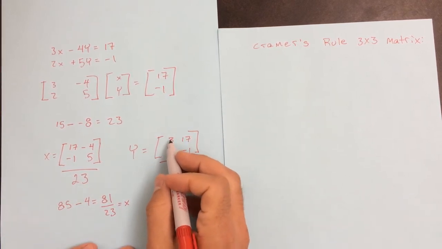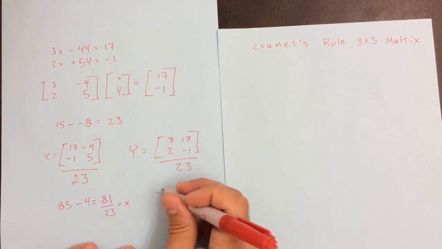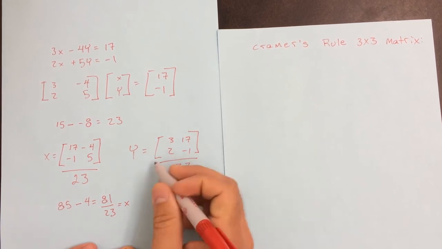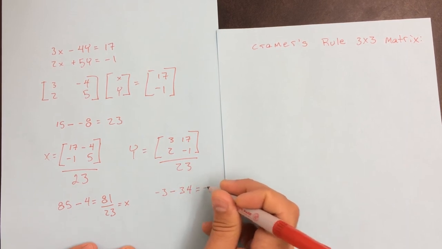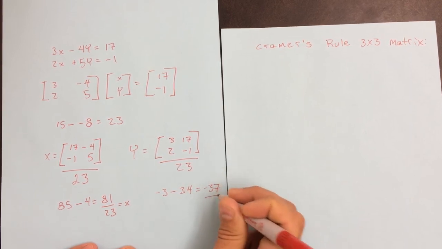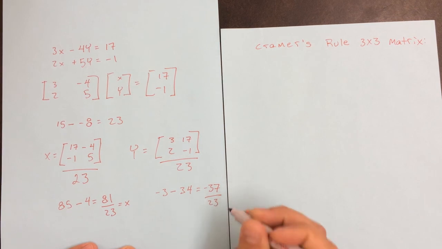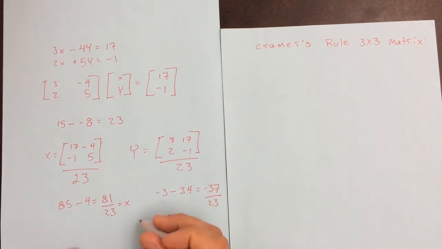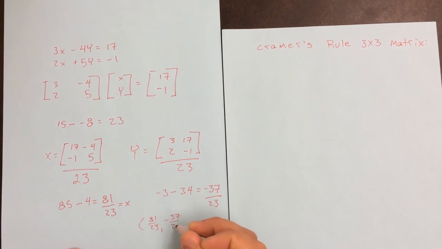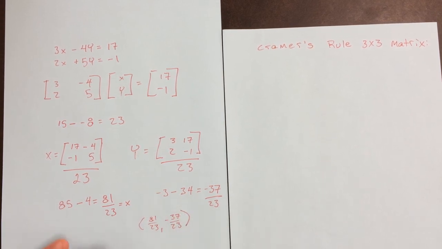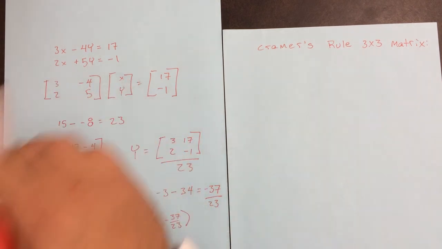Now the determinant of this one: 3 times negative 1 is negative 3, minus 17 times 2 is 34, which is negative 37, over 23, which is y. I'm going to write it as a point, 81 over 23, comma, negative 37 over 23. And that's our solution for this system of equations.